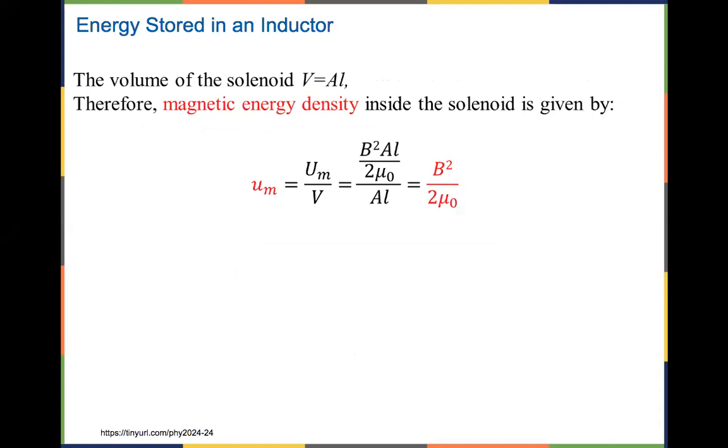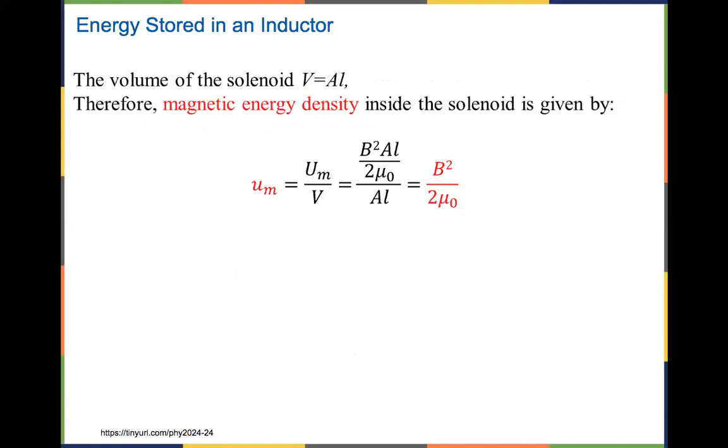And if there's current going through the inductor, then there will be a magnetic field produced. That's what we learned earlier in the chapter. If there's a magnetic field, then there will be energy stored in the magnetic field.